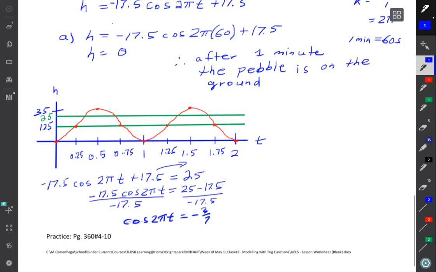Now the next step here is to solve that to find t. Keep in mind that the angle here right now is actually 2 pi t. So the best way to solve a question like this is to simply focus on this whole angle here. So what we want to do is find the value of this whole angle. So to do that, we're going to draw our Cartesian plane.